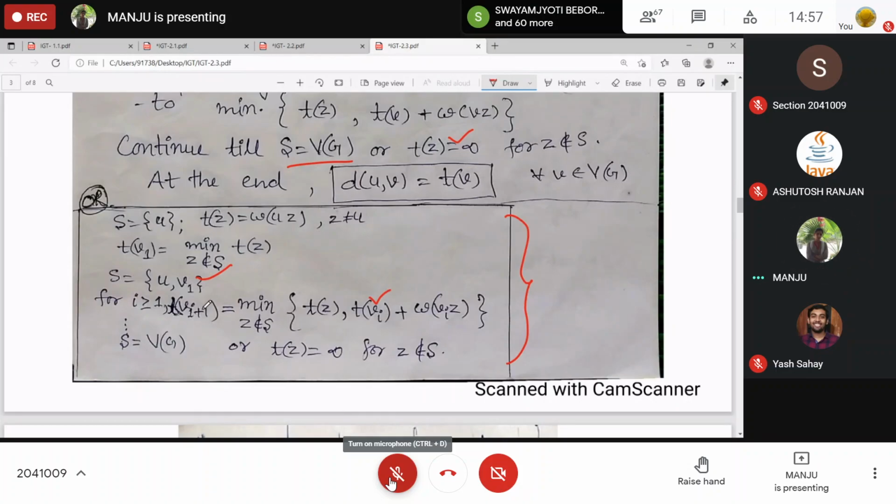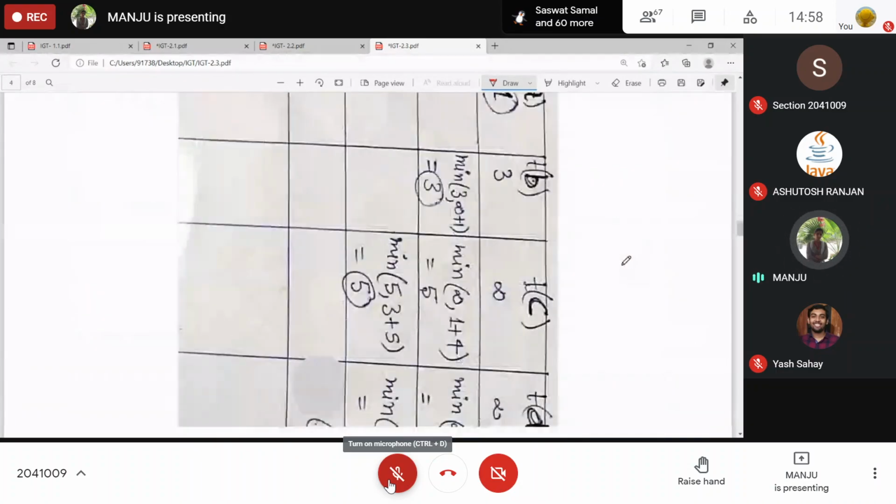So what will the next vertex be? The minimum that was earlier from u to that vertex, for example v2. So how much was coming from u to v2, and how much is coming via v1. So whichever is the minimum, that we will consider, and then that will enter S. Okay, finally we will get S as V(G), or the distance cannot be calculated. Okay, so this way we can use this.